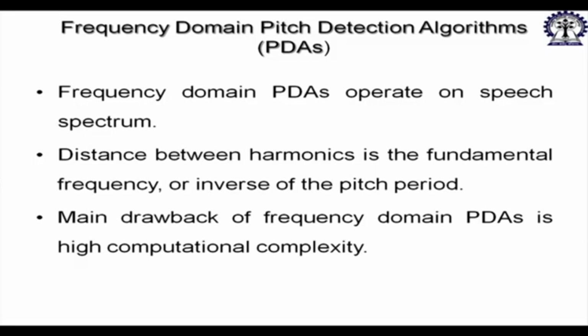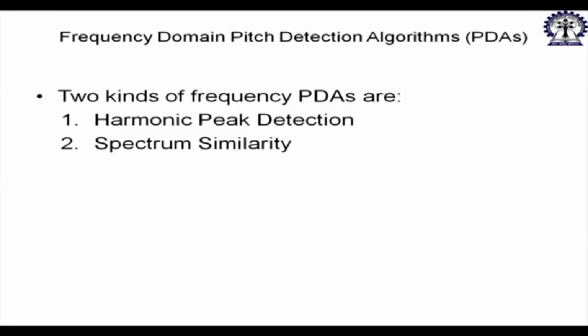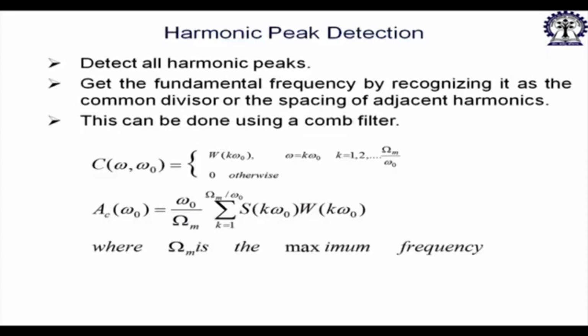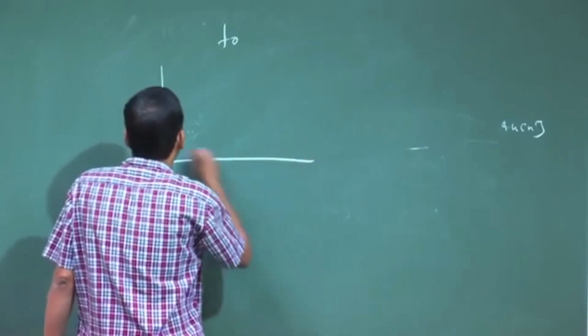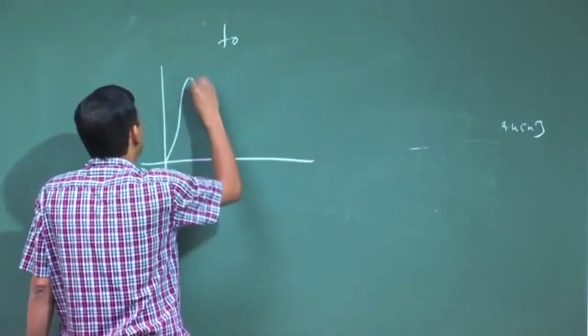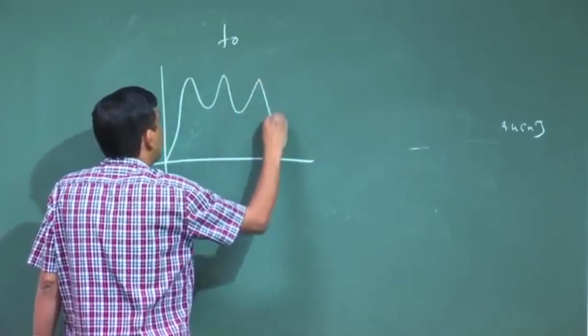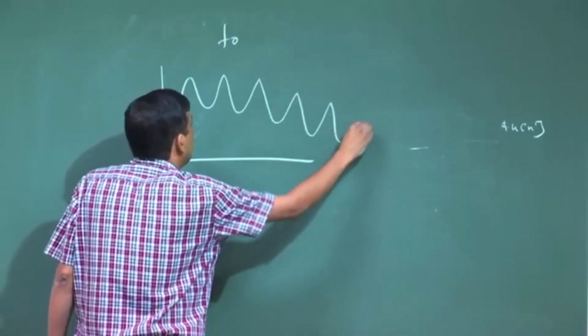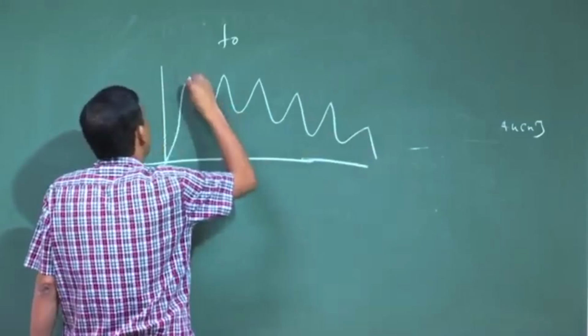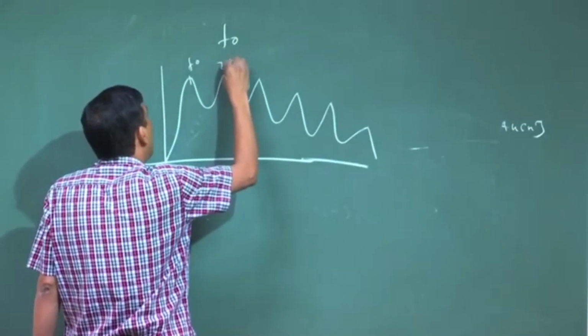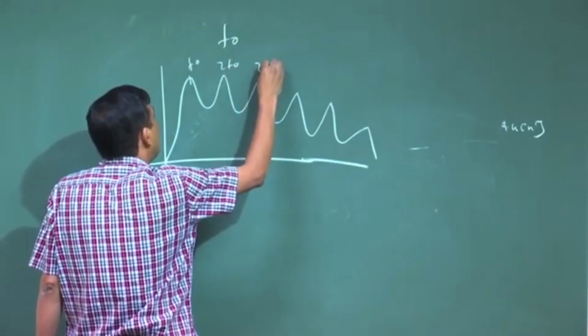Okay. Now, there are two kinds of PDA mostly used: harmonic peak detection and spectrum similarity. So, detect all the harmonic peaks. Suppose this is my spectrum. If this is F0, this is twice F0, all harmonics are repeated, thrice F0.